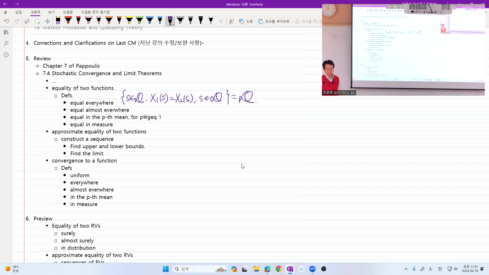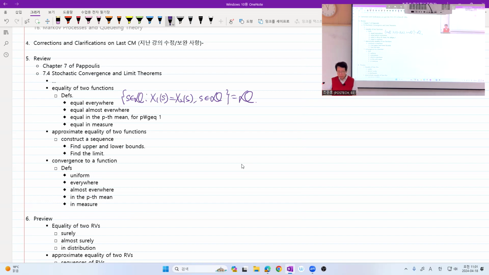So this means two functions are equal: the subset of the common domain such that the two function values are the same equals the common domain, then we call the two functions equal everywhere.